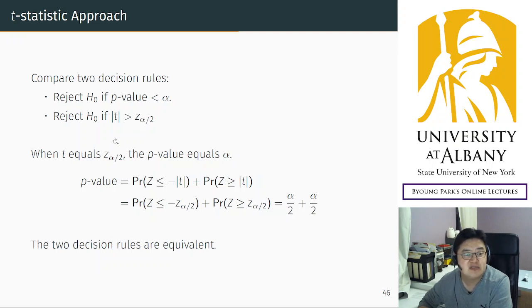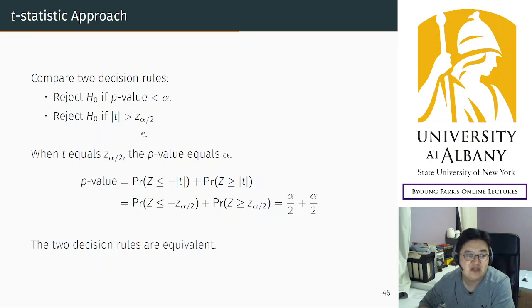So I will consider this way: if the T-statistic is on the boundary, exactly equals, then when the second inequality holds as an equality, the first inequality will hold as an equality.